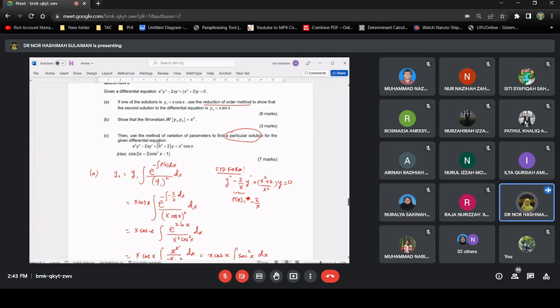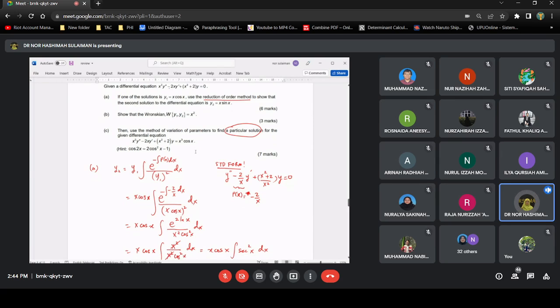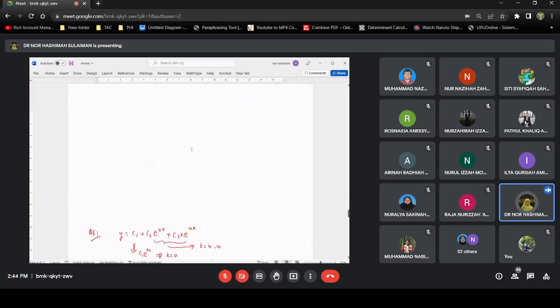So this one is actually the same thing, cumanya dia ada non-zero function on the right hand side, which is orang kata secara umumnya equation ni adalah non-homogeneous, and you want to apply the method of variation of parameters to solve the differential equation. Okay, notice that the equation is not in standard form. So the first thing that you need to do is write the equation in standard form.